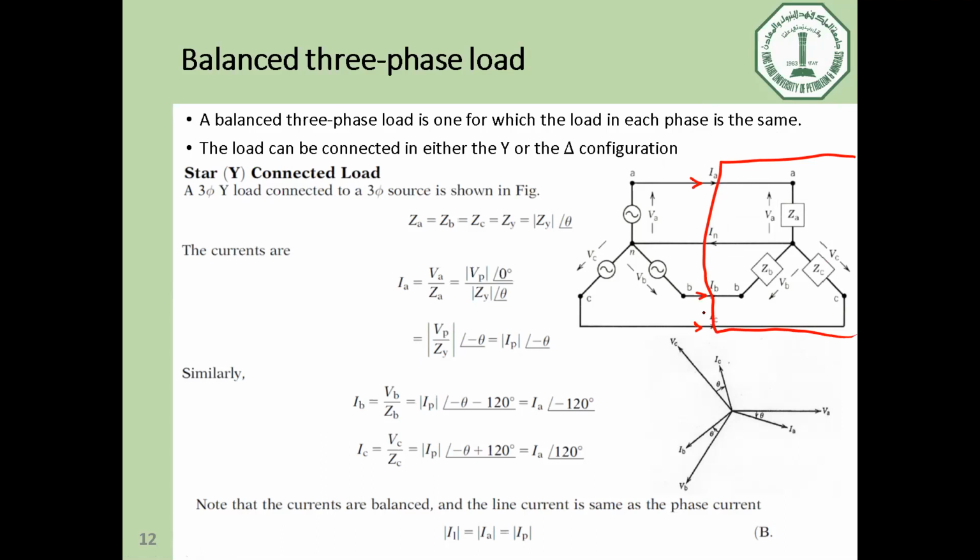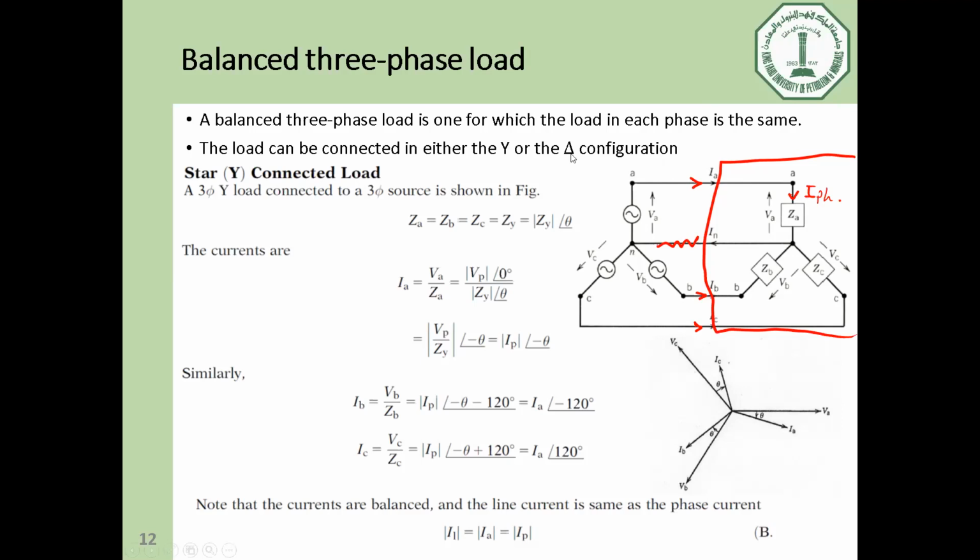However, in most connections, for a star with 3 wires, not including the fourth one, we can consider that this is a black box and we have only 3 terminals, IA, IB, and IC line currents. What will be the relation between the line current IA and the current moving in the impedance here, which is I phase? What is the relation between line and phase current?